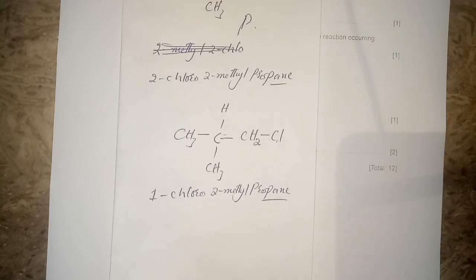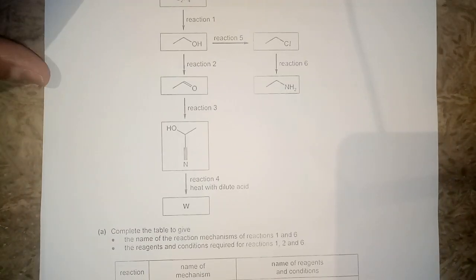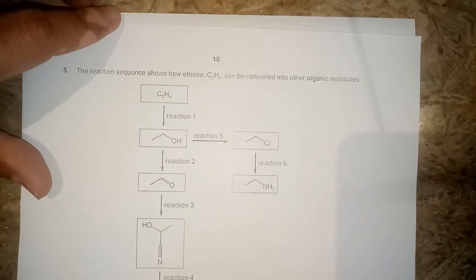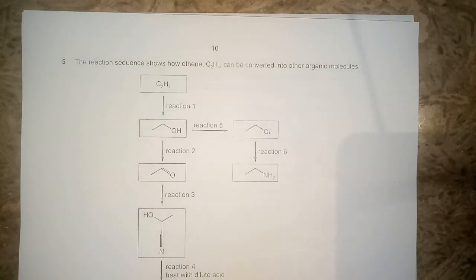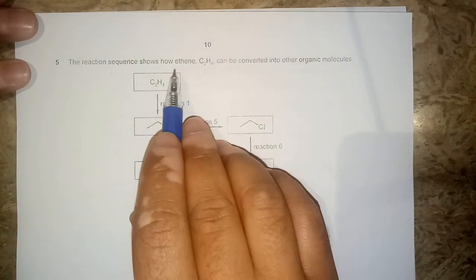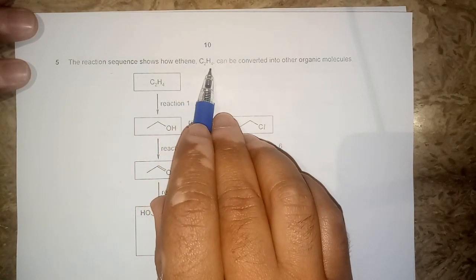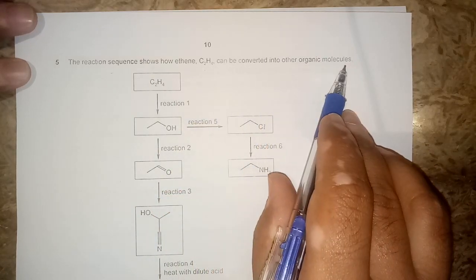Hopefully you understand. Now this question is completed, and we proceed towards hopefully the last question, the 5th question of the paper. The reaction sequence shows how ethene, C2H4, can be converted into other organic molecules.